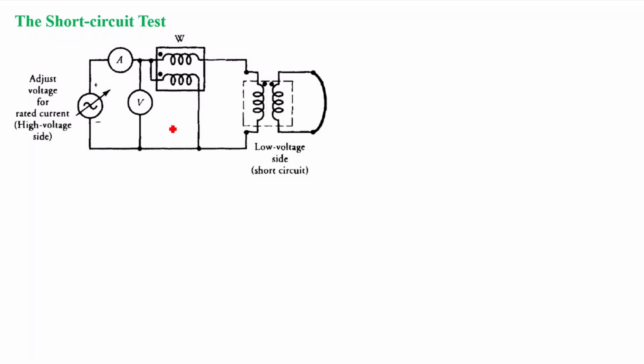We adjust the voltage gradually from 0 upward, so that the rated current flows in the high voltage side and also in the low voltage side, where the short circuit current will also be the rated current. To get this rated current we need a very small voltage, and then we measure the current, voltage, and the power consumed by this circuit.